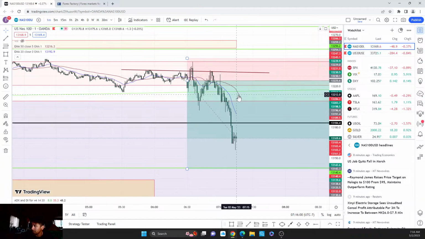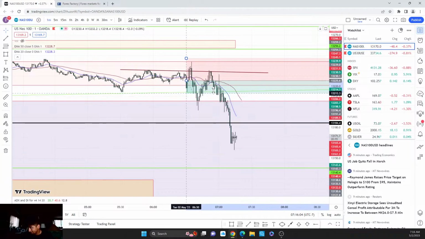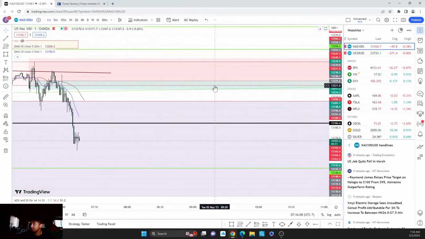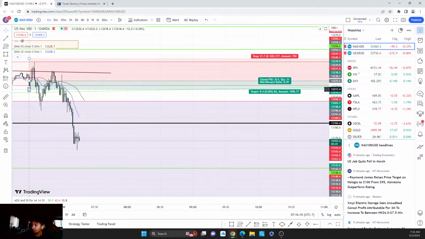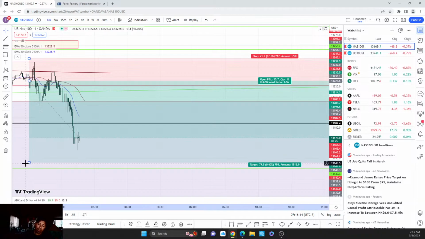I guess technically we could put it up right here. 8 pips in the profit. We could do 8 pips in the profit. That'll give me the slippage, like 5 pips, $20. That'll keep me over my 8 pips.